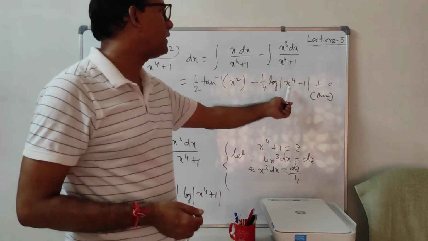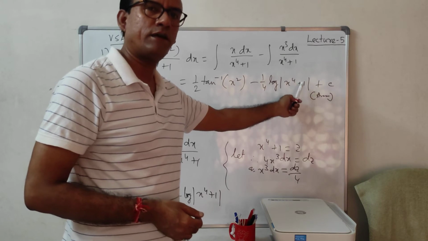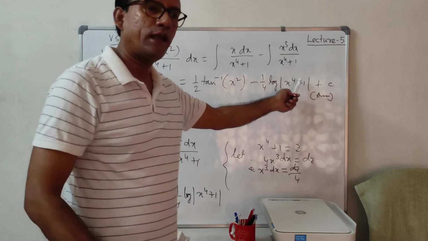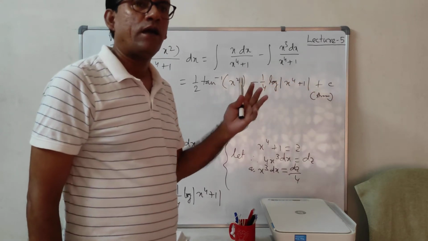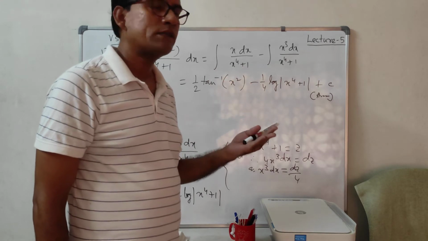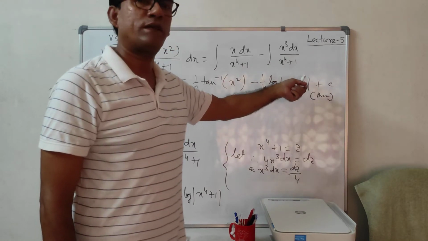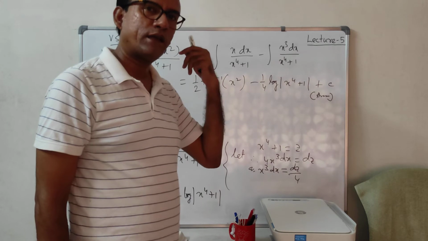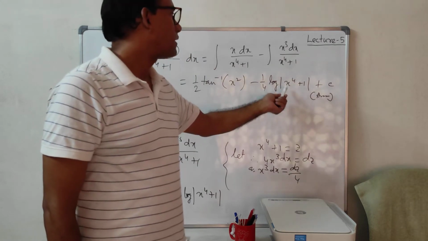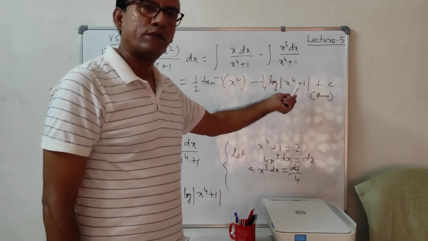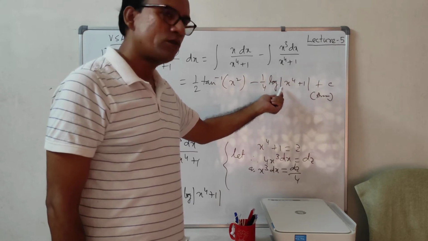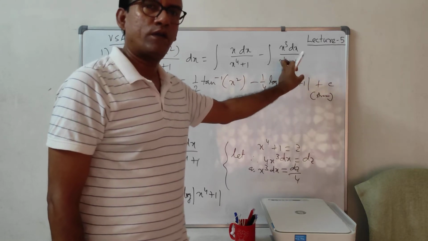But here you see x to the power 4 plus 1 is an even function. Whatever x may be, if x is positive, x to the power 4 plus 1 is positive. If x is negative also, x to the power 4 plus 1 is positive. So there is no need to put the modulus sign here.